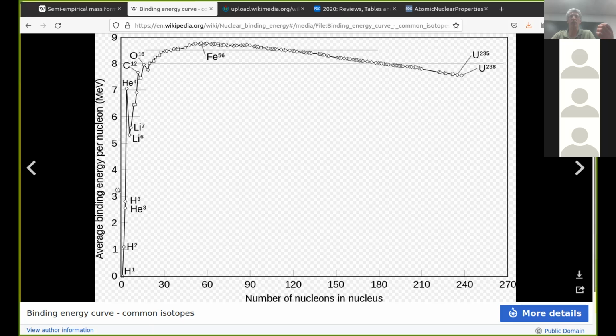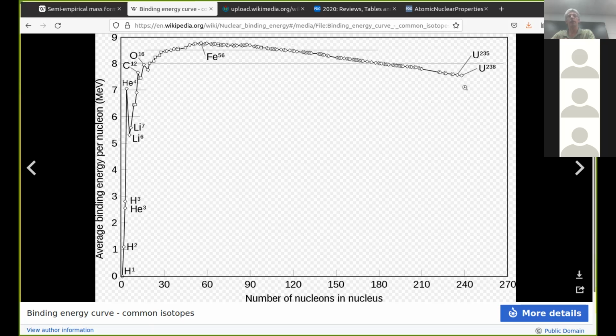And so going up this curve, fusion releases energy, or if you start from the heavy elements, fission also releases energy.